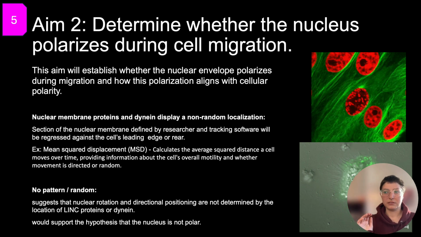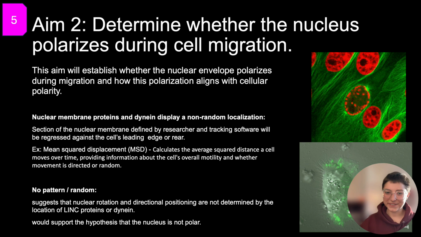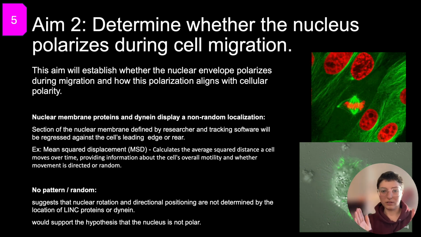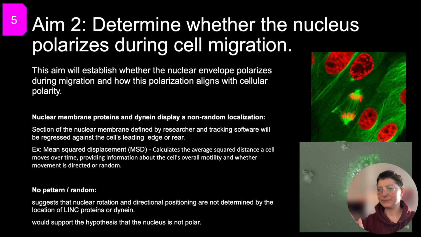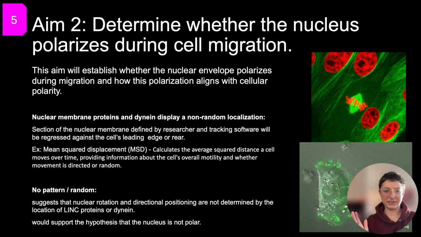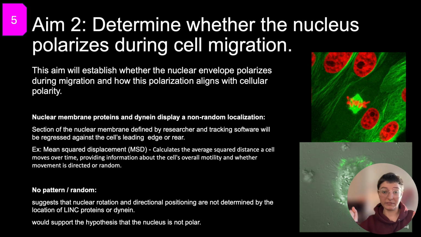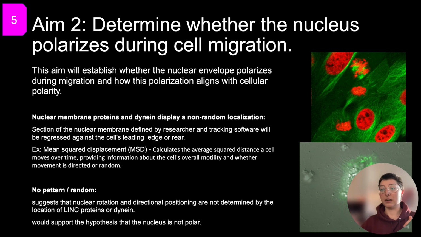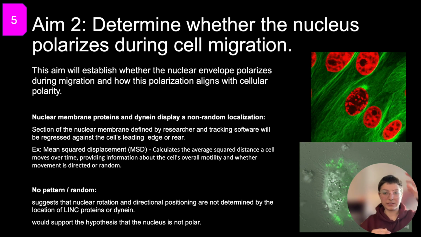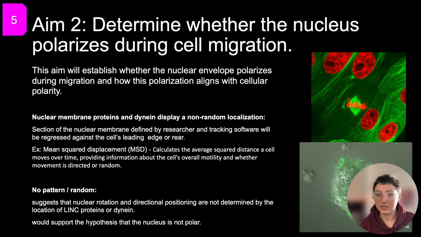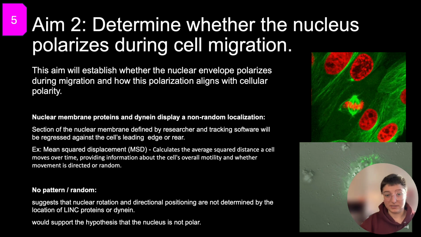So either the sides of the nucleus, like the small edge or small width, maybe there's SUN proteins on those two sides or just one of them, or the apical and basal ends have more SUN proteins than others, and maybe just the apical one has it, or maybe just the basal one has it.